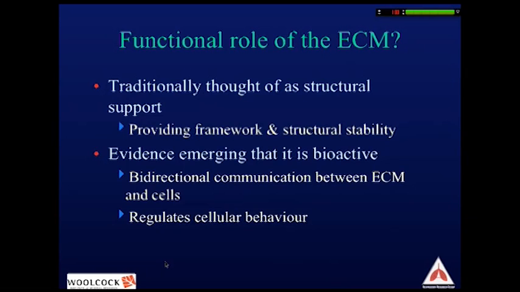The extracellular matrix has traditionally been thought of as a structural support, providing the framework and stability for the tissue, but there's a lot of emerging evidence that this is actually a bioactive entity. There's bidirectional communication between the matrix proteins and the cells, and the characteristics of the matrix can regulate cellular behaviour.